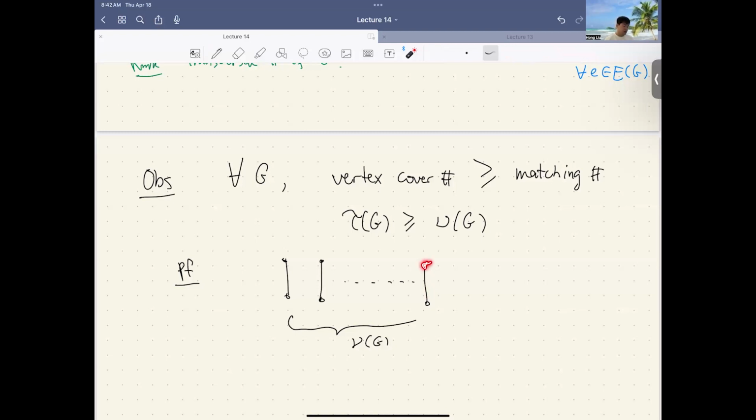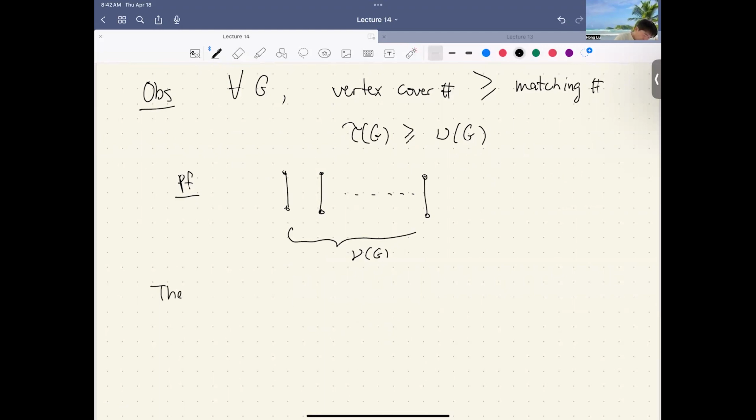Since the matching edges are pairwise disjoint, we have to choose at least one endpoint from each matching edge. So we have the above inequality. In general, the gap could be really, really large, but Koenig's theorem says that if the graph is bipartite, equality holds.